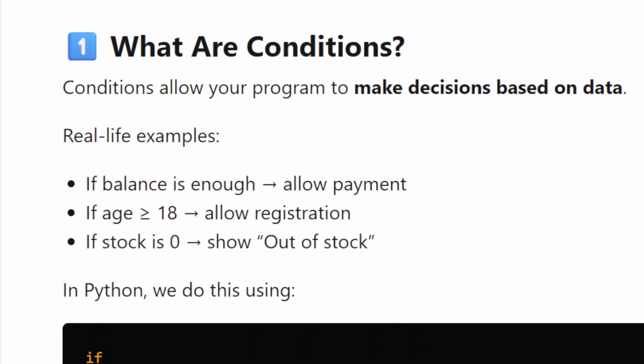Now, what are conditions? Conditions allow your program to make decisions based on data. Real life example: if your balance is enough, you should be allowed to make payment. If you are less than 18 years of age, you should not be allowed to smoke. If the stock is equal to zero in a stock system, it should show out of stock, right?